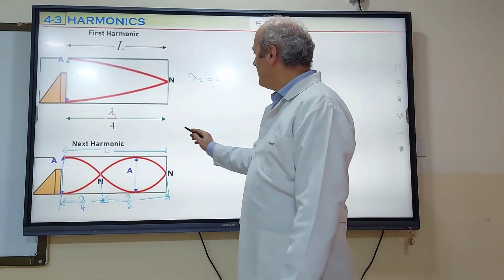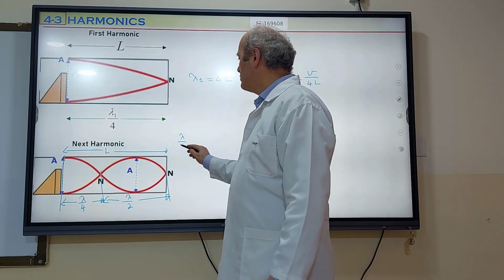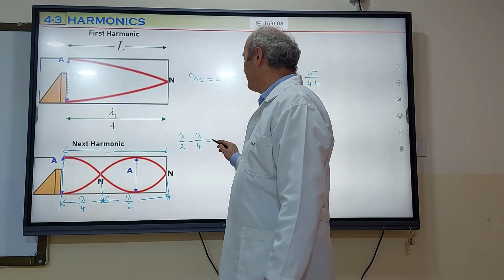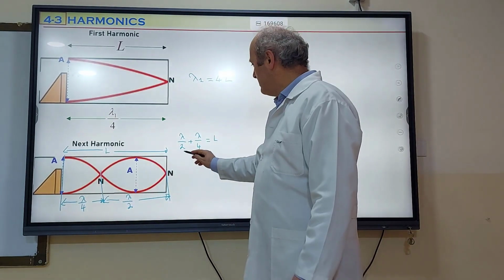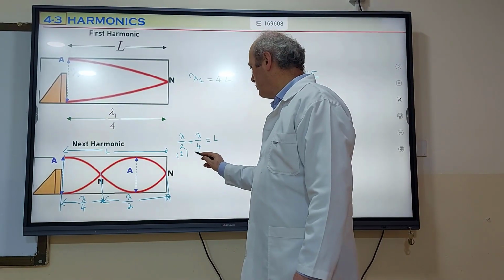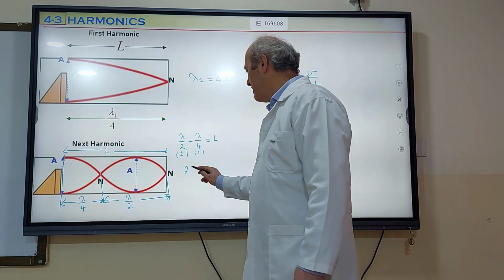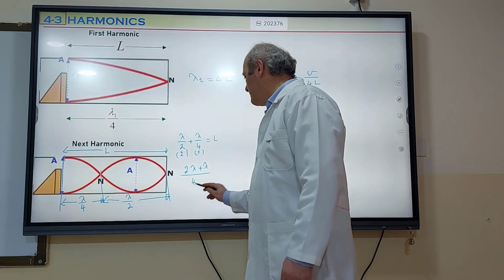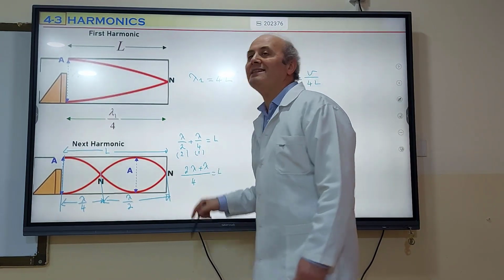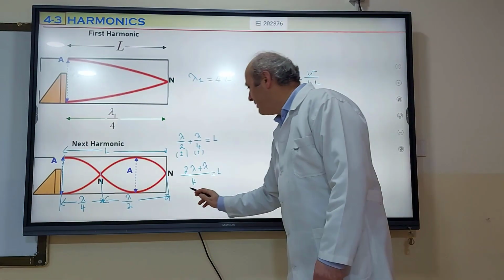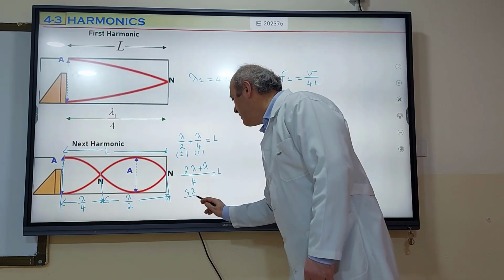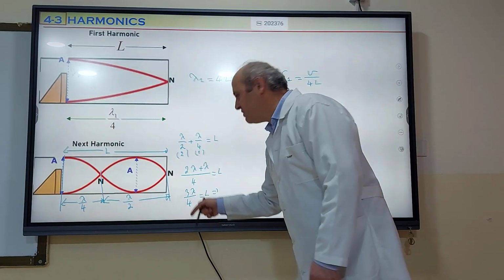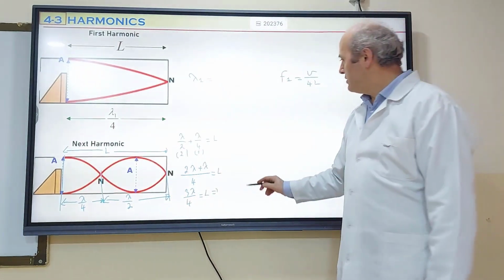Denominators 2 and 1, we are going to make them equal. 2 lambda plus lambda over 4 is equal to length. Yani 3 lambda over 4 is equal to length. Cross product. Transfer 3 over 4 to the other side.